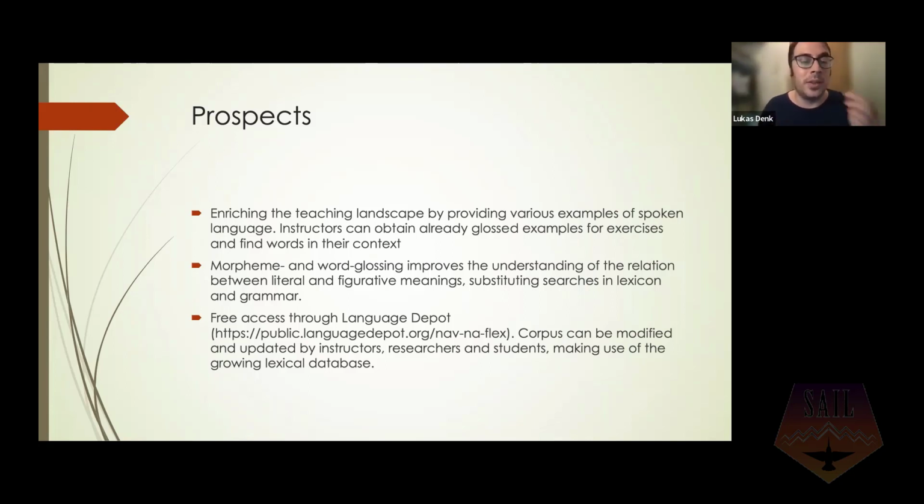And then the most important thing, it should be freely accessible through Language Depot. As it stands now, one has to download the program and so on, but I'm working to make it more accessible, maybe even a web version where one does not have to download it.